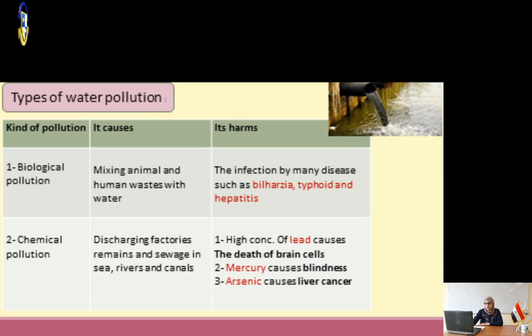Chemical pollution: here when we throw some sewage in the sea or in the rivers and canals, what will happen? If we add lead, it will cause death of brain cells. Mercury causes blindness and arsenic causes liver cancer. Here, slide number 8.